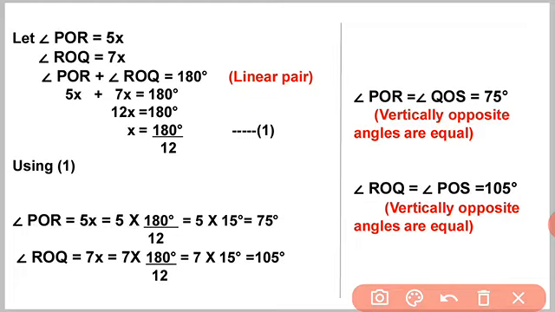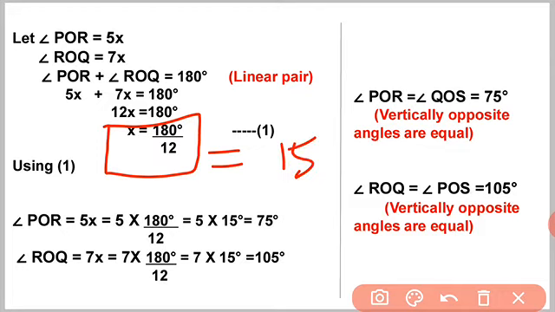Together it makes 12x, so the value of x is equal to 180 degrees by 12, which is 15 degrees. This 15 is common to both angle POR and angle ROQ.